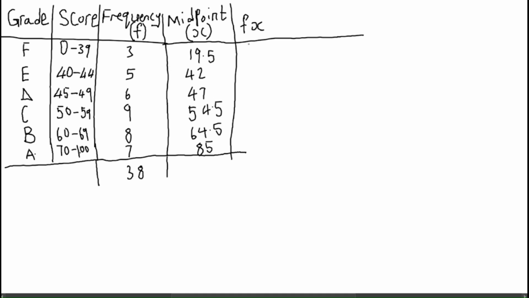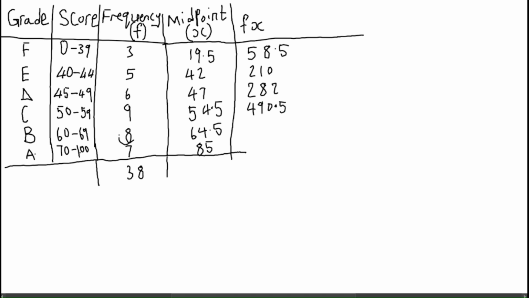So 3 times 19.5 is going to be 58.5. Then multiply these two values, which is 210, and then 6 times 47 is going to be 282. 9 times 54.5 is 490.5.